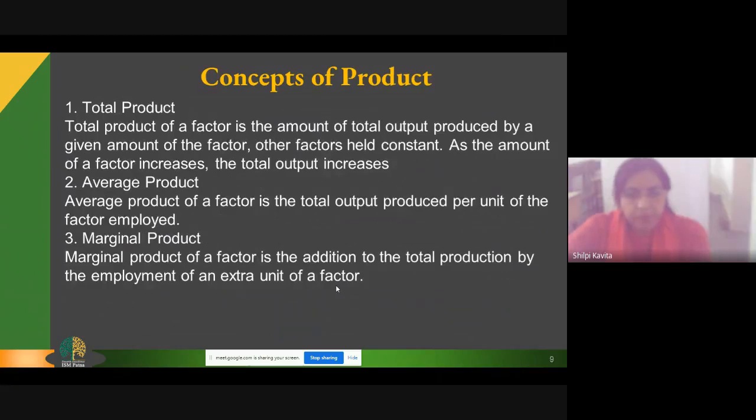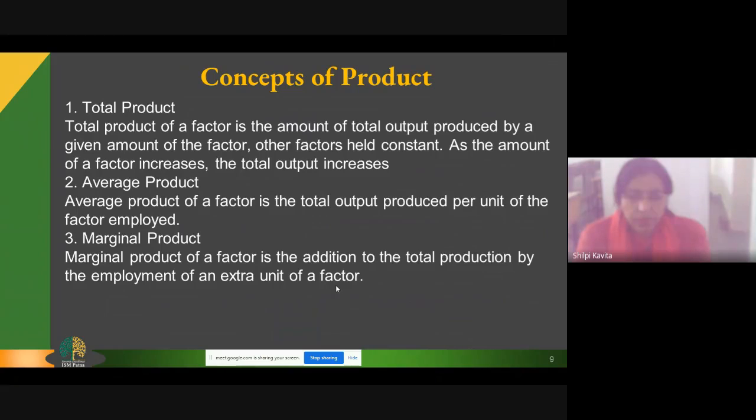This law of variable proportion has been explained with the help of the concepts of total product, average product, and marginal product. With the help of these three products, this law has been justified and explained.